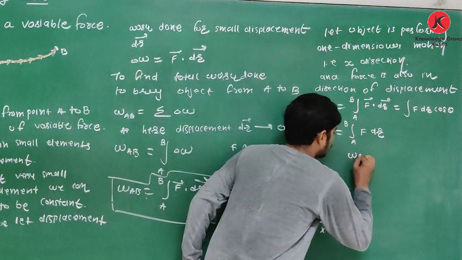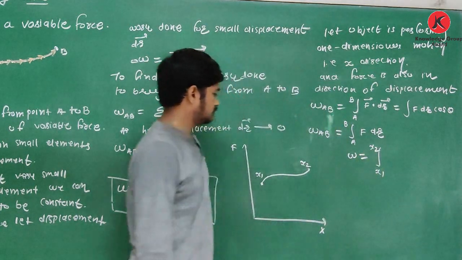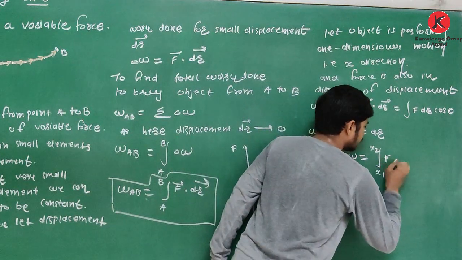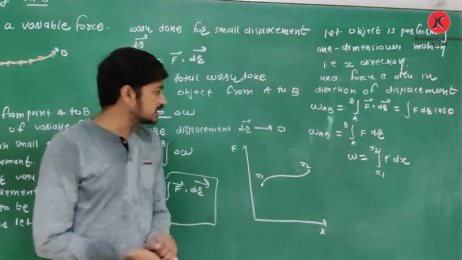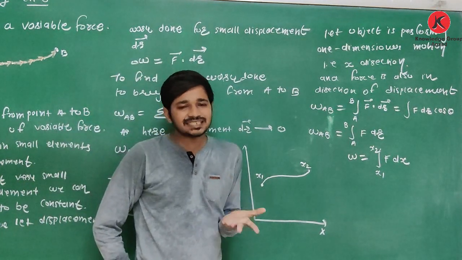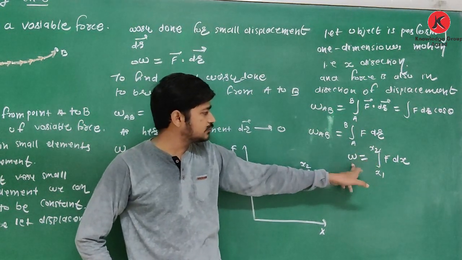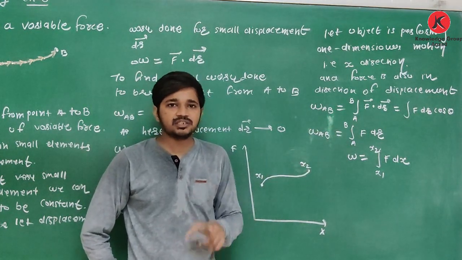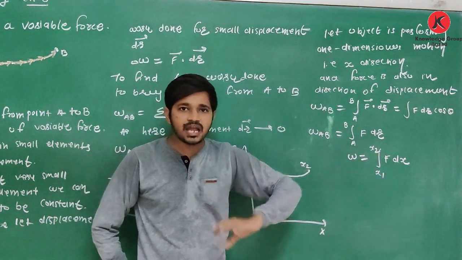Here W is equal to the integration from x1 to x2 of F dx. So for motion in one dimension, on the x-axis, I can write the equation W is equal to the integral from x1 to x2 of F dx. Clear about this? Motion in one dimension, and when they both are in the same direction, then W is equal to the integral from x1 to x2 of F dx.